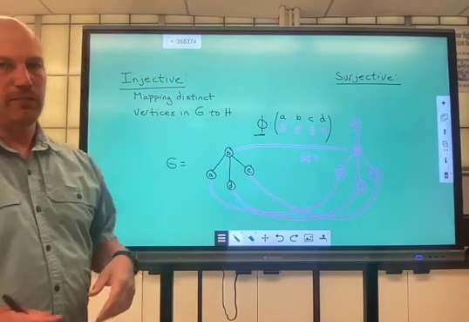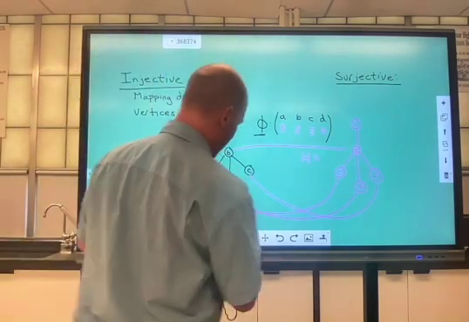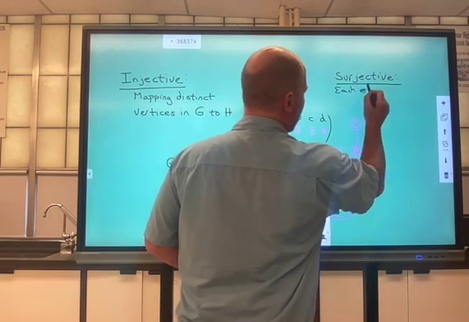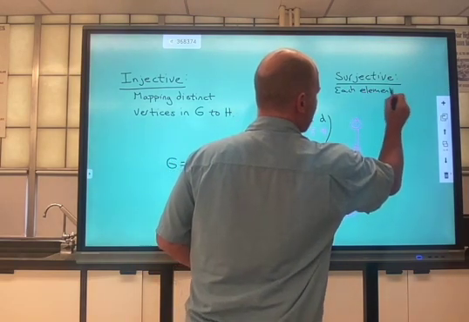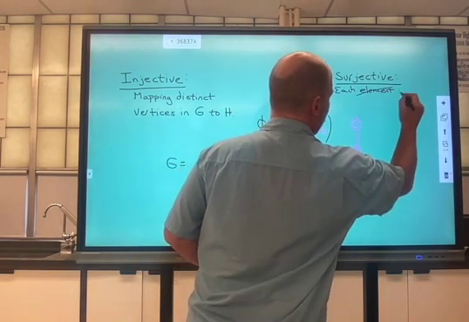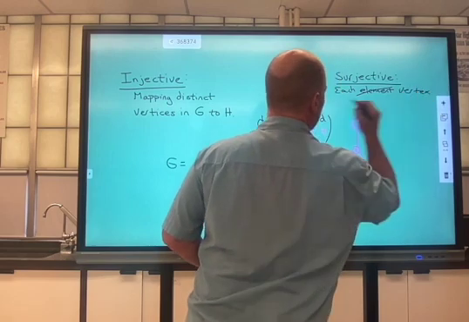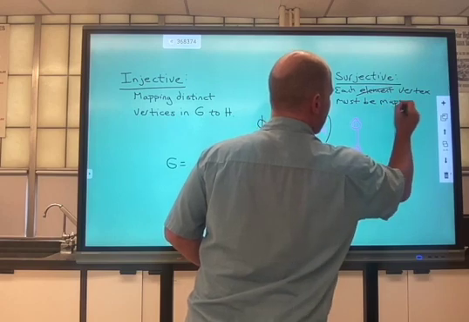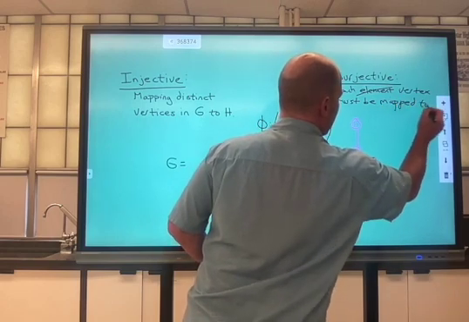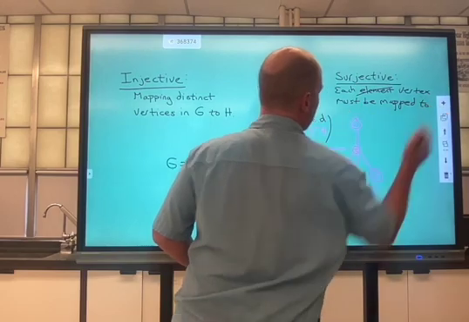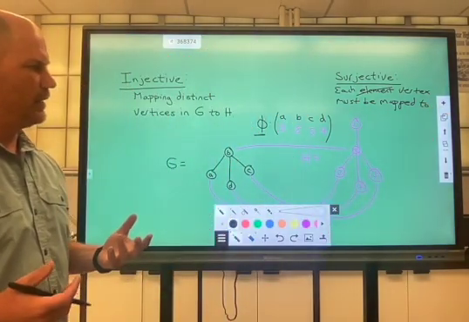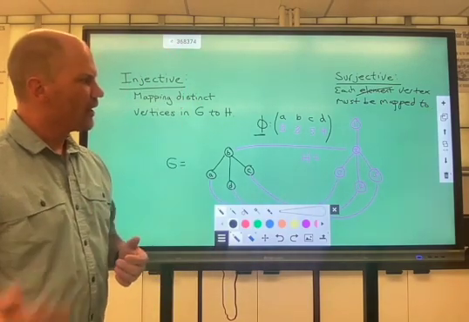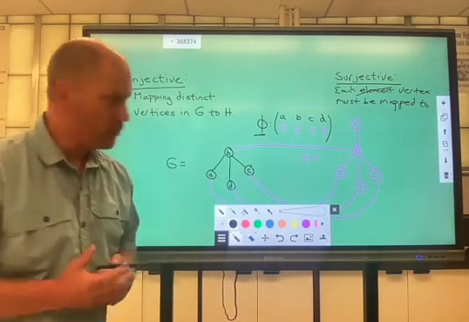And surjective means that each element, or I should say vertex, must be mapped to, and you can see that 1 is clearly not mapped to, so this particular graph H is not surjective.